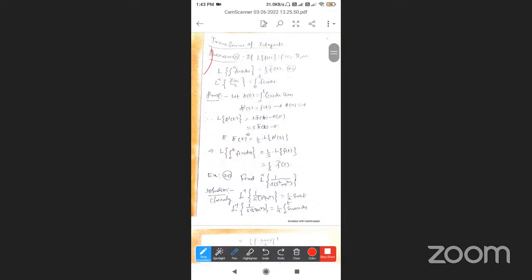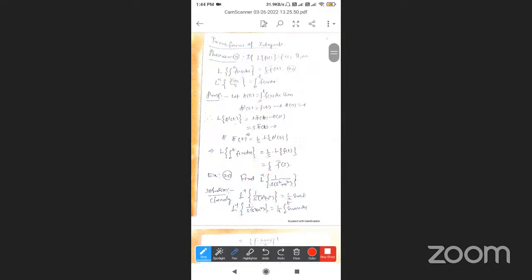So the Laplace transform of phi dash of t is s into phi bar of t. Hence phi bar of t is equal to 1 by s into the Laplace transform of phi dash of t, and phi dash of t is equal to f of t.